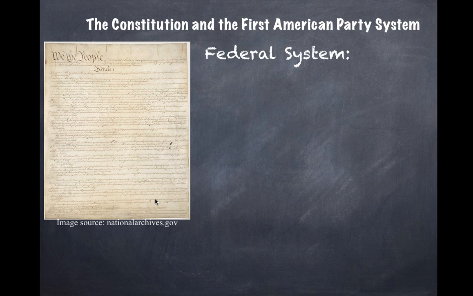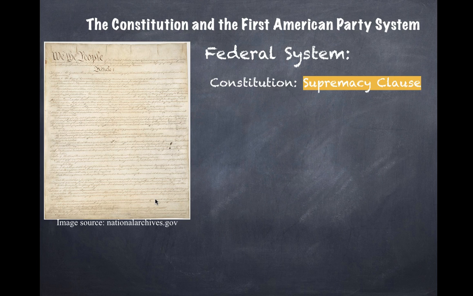And in the federal system of the U.S. Constitution, the national government has more power than the individual states. Article 6 of the Constitution contains what's called the Supremacy Clause that states essentially when there's a conflict between the state laws and national laws, those of the national laws are supreme.